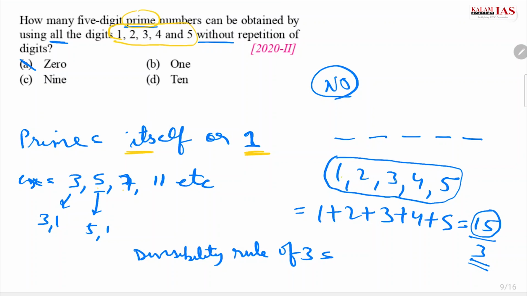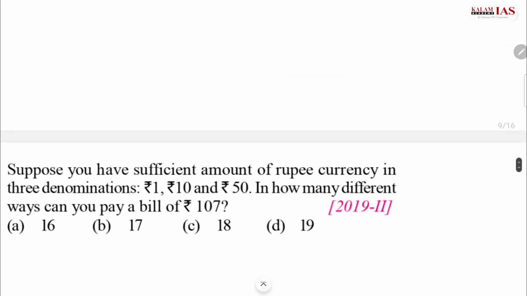And if we see the summation of all these digits, it is equal to 15, which is divisible by 3. The divisibility rule of 3 also says that if the summation of all the digits is divisible by 3, that means the number is divisible by 3. So there is no possible 5-digit number which can be a prime number. So the answer is 0. Moving on to the next question.